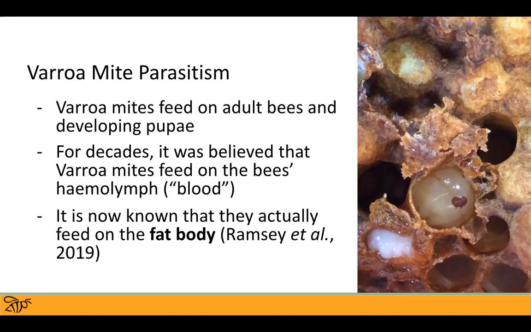But we now know, thanks to new research by Dr. Samuel Ramsey in 2019, that they actually don't feed on the hemolymph. What they feed on is the fat body. So if you thought the answer to this question was hemolymph, that's okay. Basically, the whole world did until very recently.